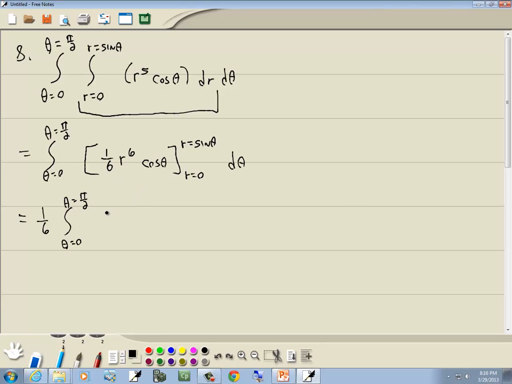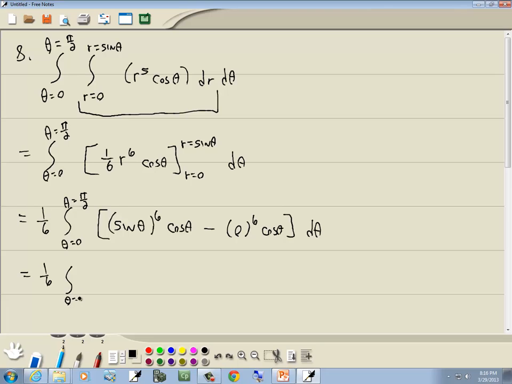And then I'm going to plug in sine theta for the r. So this gives me sine theta to the 6th power cosine theta, minus, and here I'm plugging 0 in for the r. So I got 0 to the 6 times cosine theta d theta.